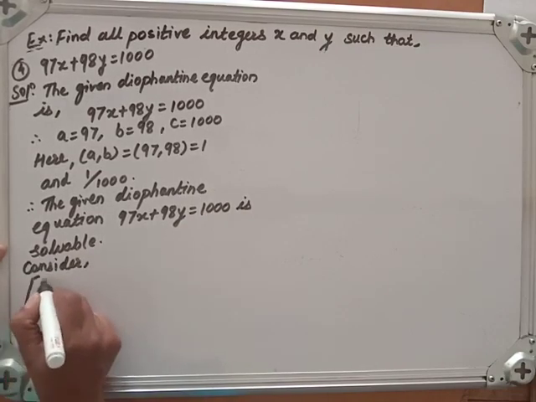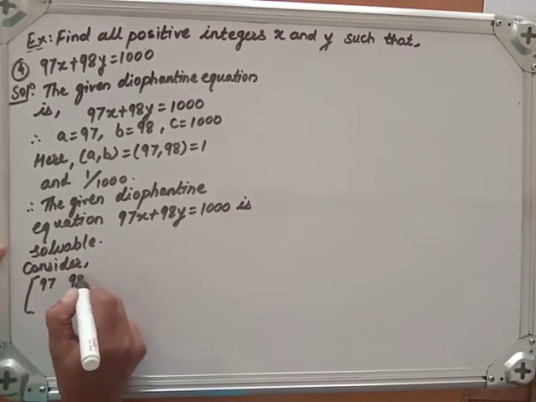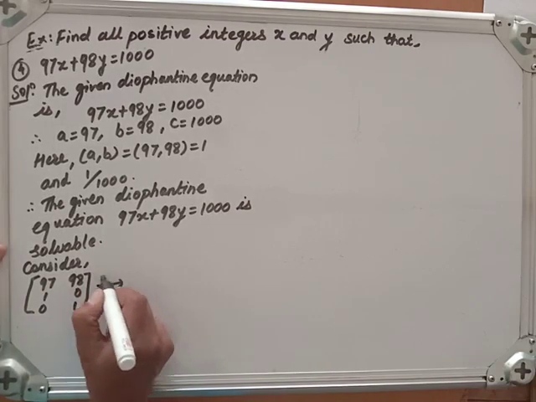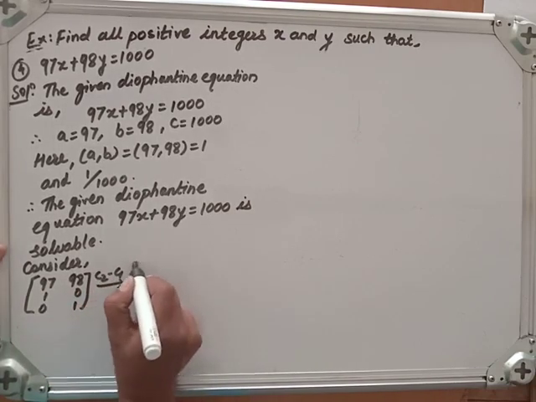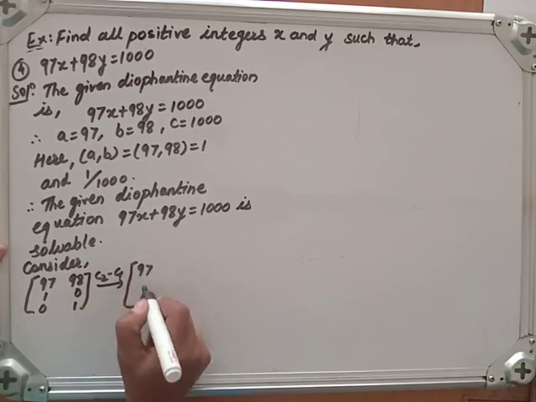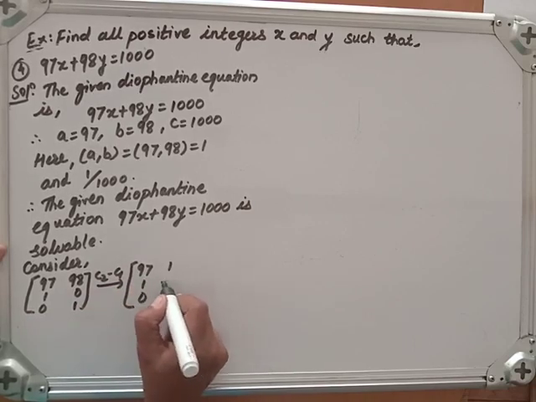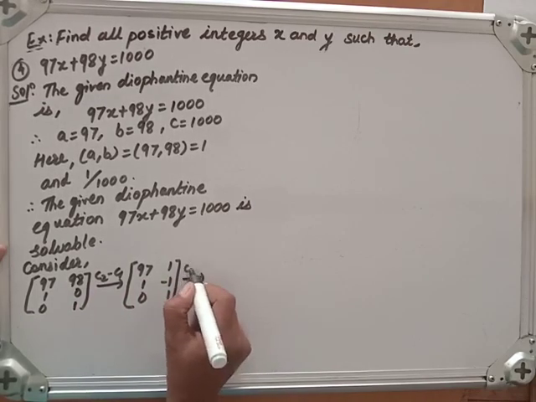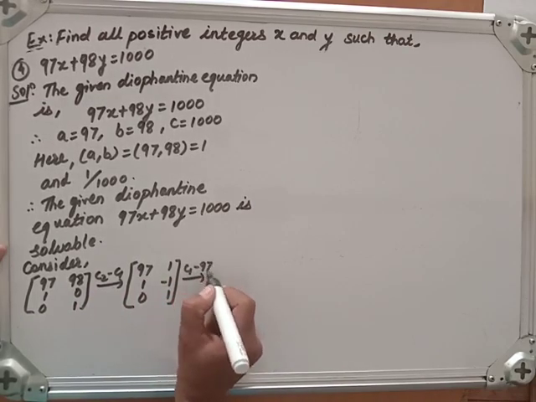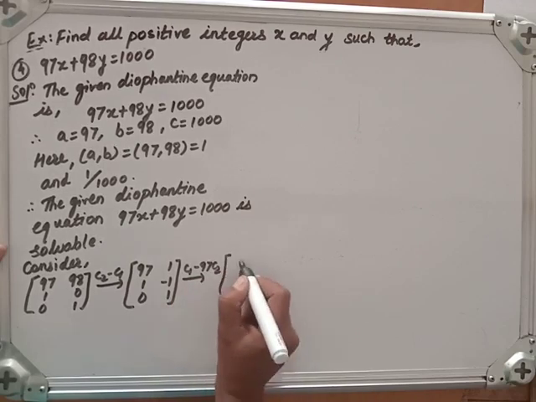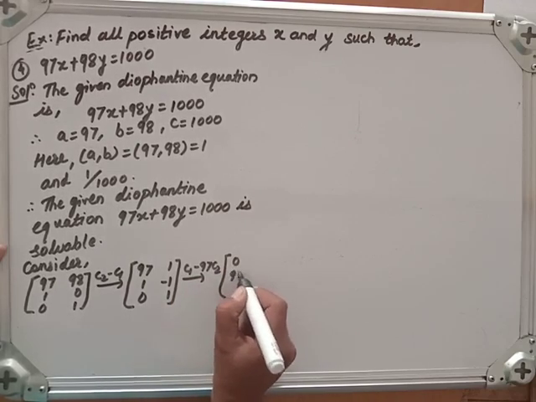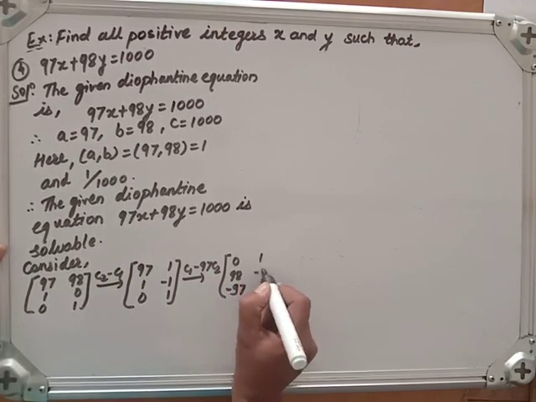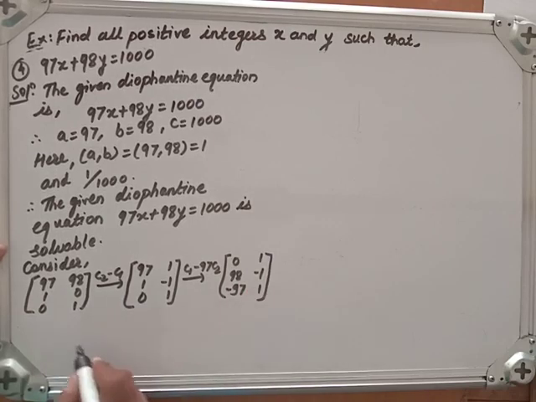Therefore, consider the matrix 97, 98, 1, 0, 0, 1. So here we get C2 minus C1: 97, 1, 0, and 1 minus 1, 1. Then C1 minus 97 C2: we get 0, 98 minus 97, 1 minus 1, 1 as it is.